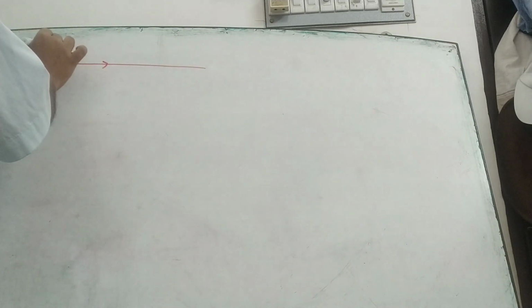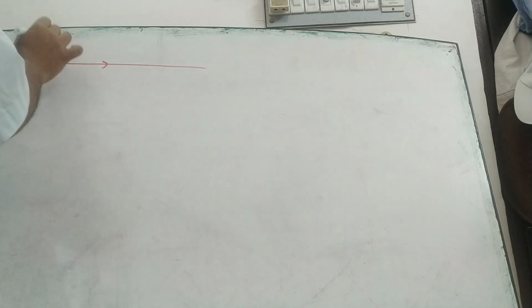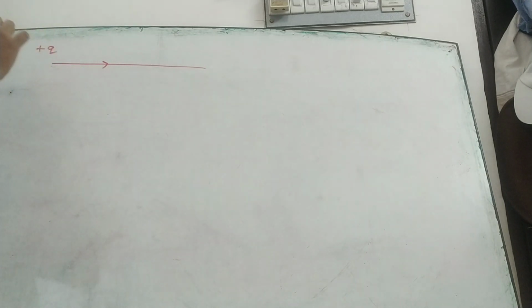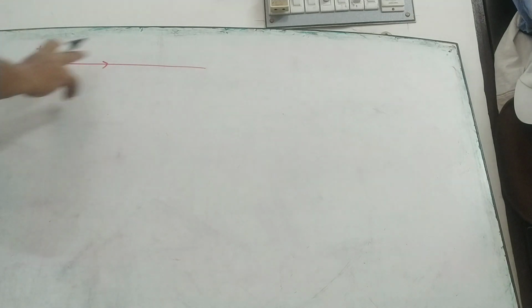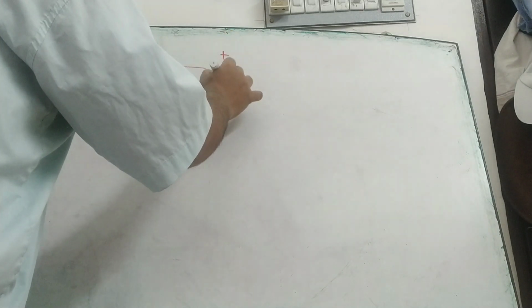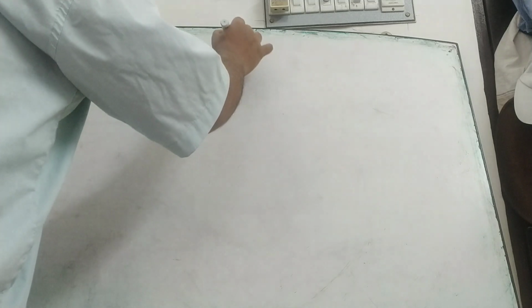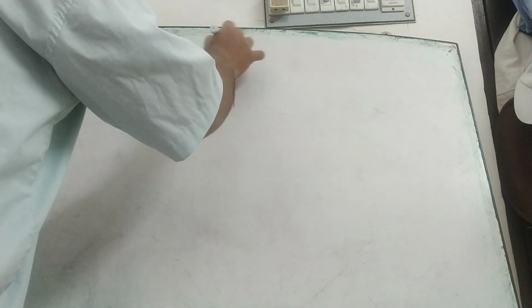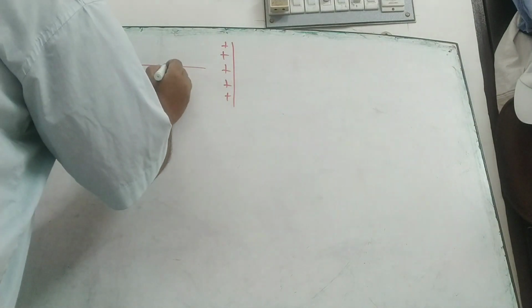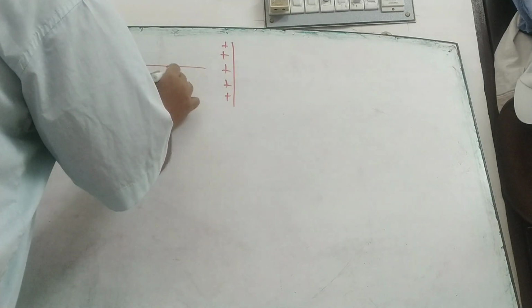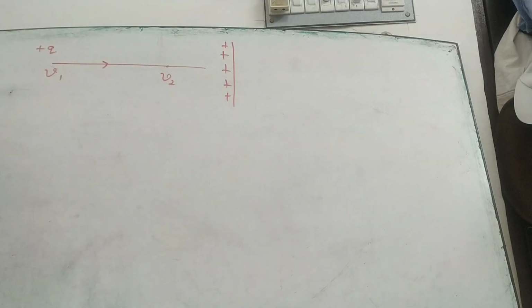Let Q be a small positive charge having uniform velocity v1. It moves towards a positive charge plate which repels the plus Q charge. After some time, its velocity becomes v2.